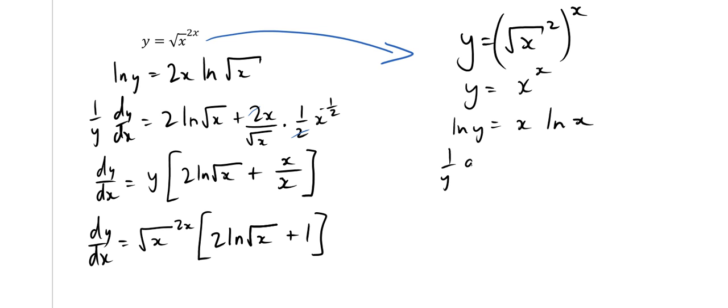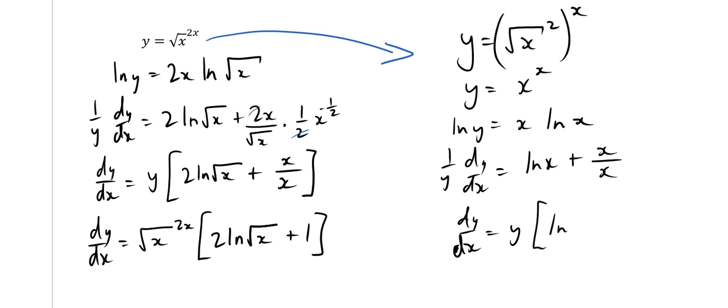1 over y dy by dx equals 1, the derivative of x, times the ln of x, so ln x, plus x times the derivative of ln x, which is 1 over x. So this dy by dx equals y times ln x plus 1, which doesn't quite look like that second part, or the first one that we did.